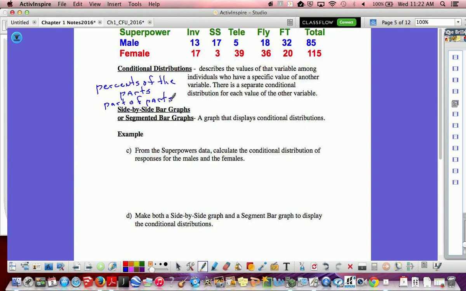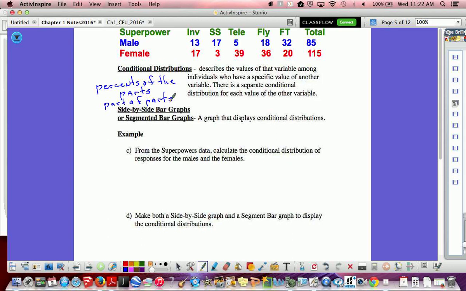Now, what I mean by parts of parts is we have a condition. We're looking at specifically one group or one of the classifications of the categorical variable. So what I might ask is, what are the superpower preferences for just males? What are the superpower preferences for just females? I could look at the percentages, and those would be my conditional distributions.